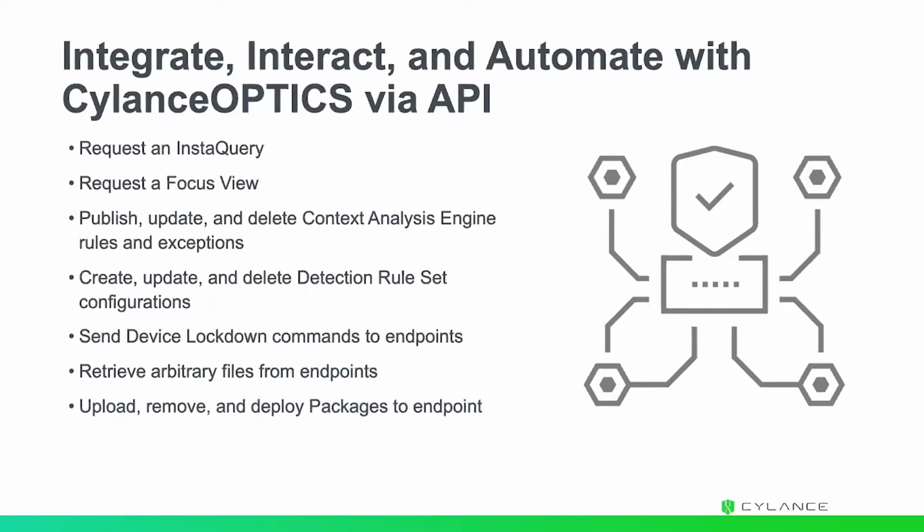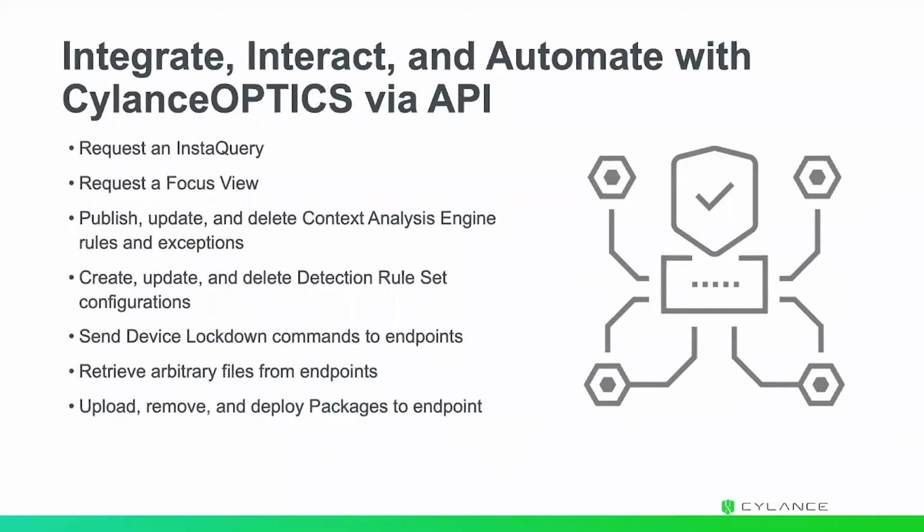Works really nice if you're working with like a Demisto or a Phantom or one of those orchestration tools. You can just pump data directly into optics. So for example, one of the workflows that we've been playing with on the internal side of things at Cylance is actually using the optics APIs to take threat intelligence feeds that we're getting, whether it's hashes or file names or IP addresses, and throwing those in an automated fashion into InstaQuery, querying specific zones that we have, and then extracting that data out for any automated reporting that we may have to do.